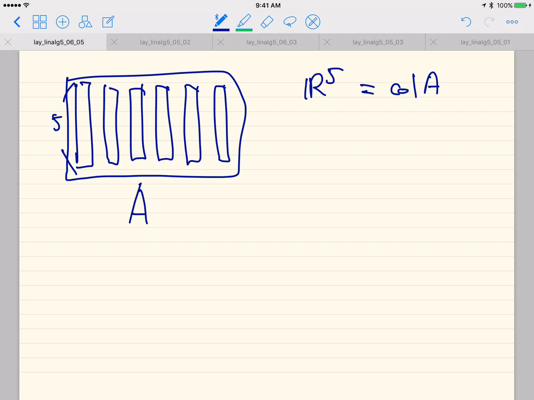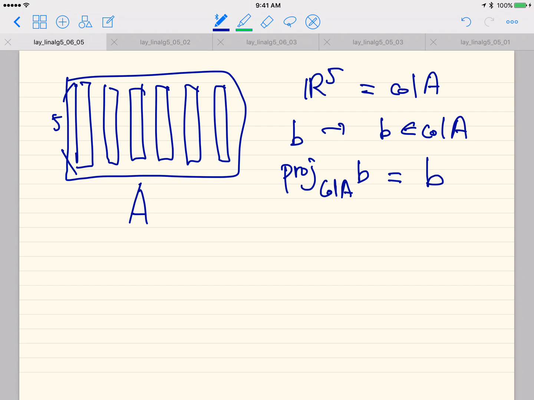Then what will be its orthogonal projection onto the column space of A? That will be just identical to the original B, right?